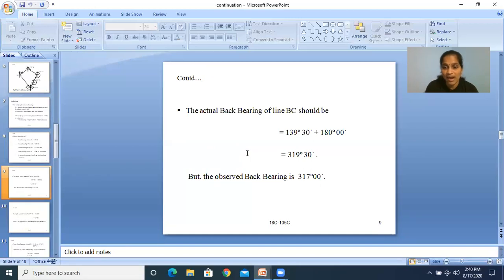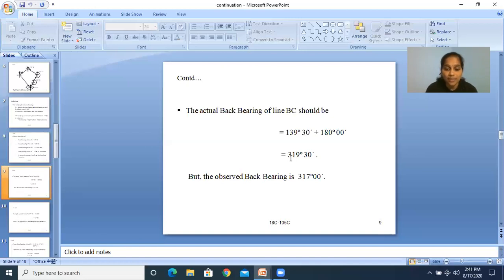Here I am adding, a plus symbol, because this forebearing is less than 180. So 139 degrees 30 minutes plus 180 degrees is 319 degrees 30 minutes. So the actual back bearing of line BC is 319 degrees 30 minutes.